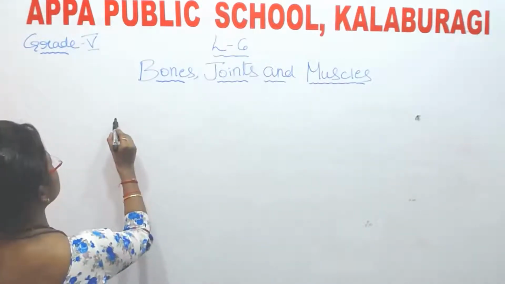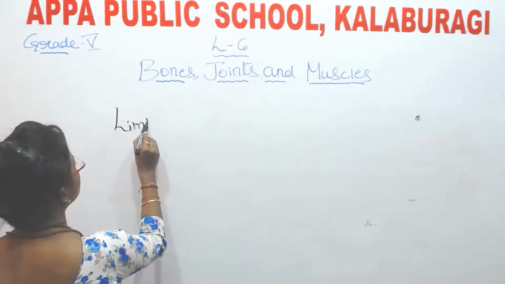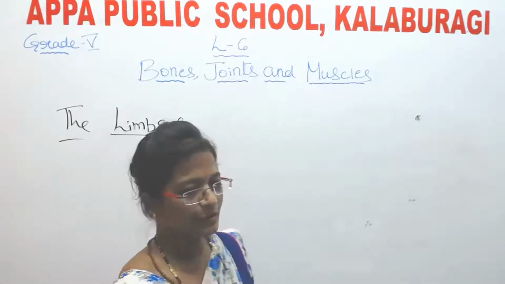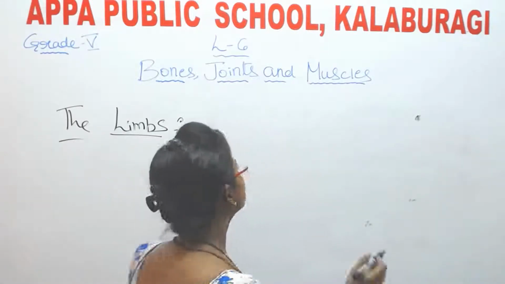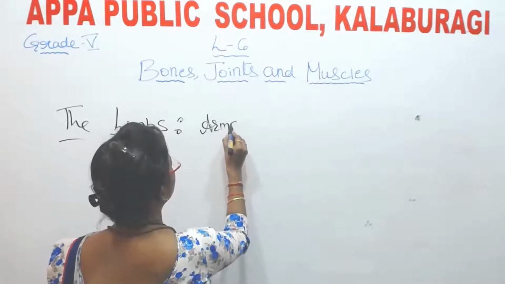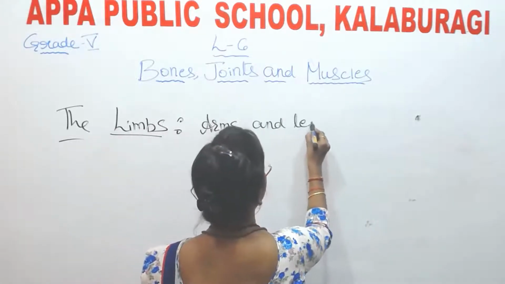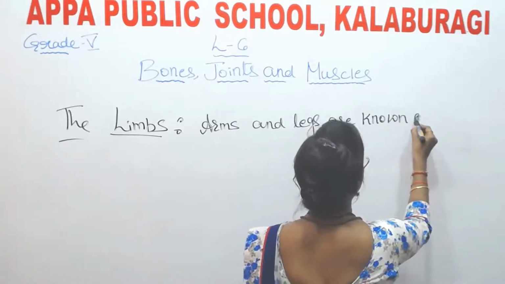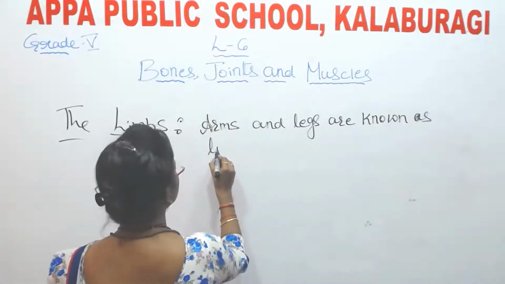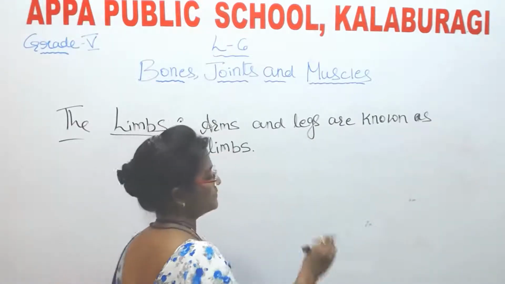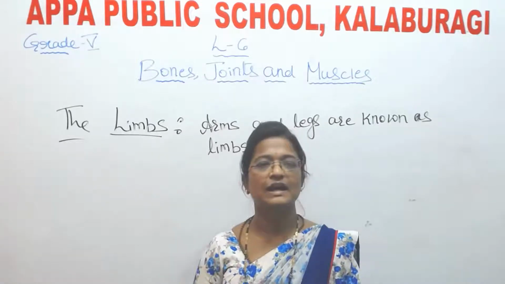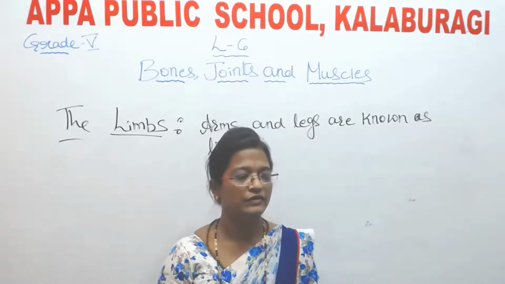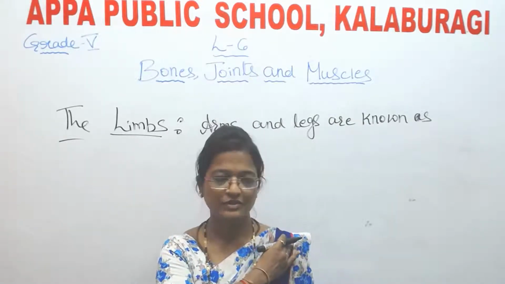So the next one is the limbs. Okay, so what do you mean by limbs? Arms and legs are known as limbs. The bones of our arms are attached to the shoulder, right?